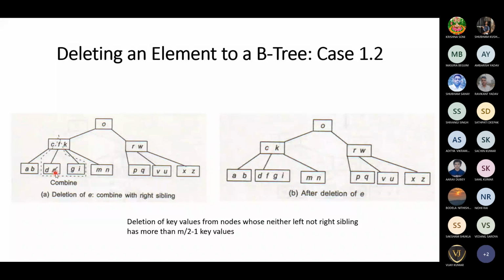We can club A, F, G, I all into one node. We are making all nodes into one node. Okay. We will combine the right sibling into its parent root node.